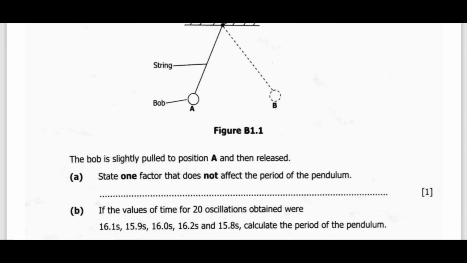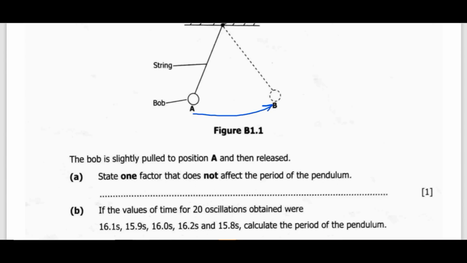The first question: the bob is slightly pushed to position A and then released. So from A it was pushed. After it was pushed, state one factor that does not affect the period of the pendulum.